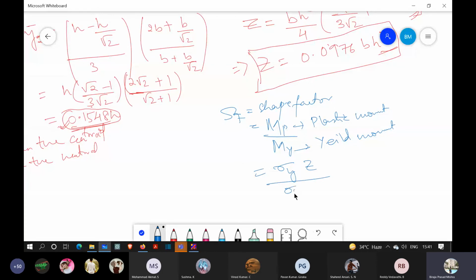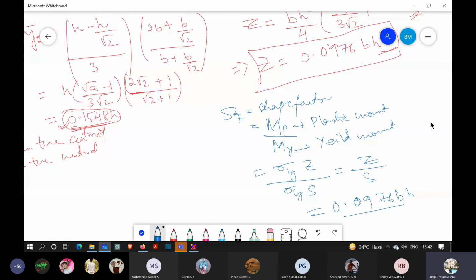Okay, Z is 0.0976 BH square, whole divided by S. What is the value of section modulus? How much we have calculated? It is coming as BH square by 24.